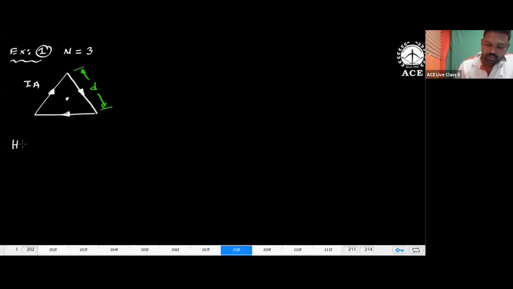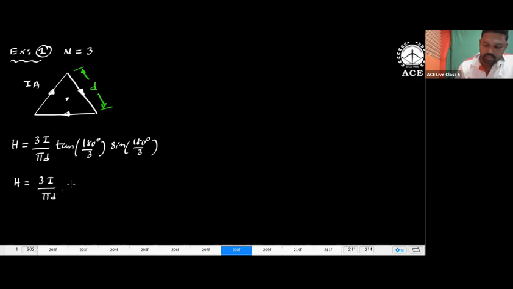H is equal to, by the formula, 3I by pi D tan 180 by 3 sin 180 by 3. So H is equal to 3I by pi D. Tan 60 is root 3, and sin 60 is root 3 by 2.